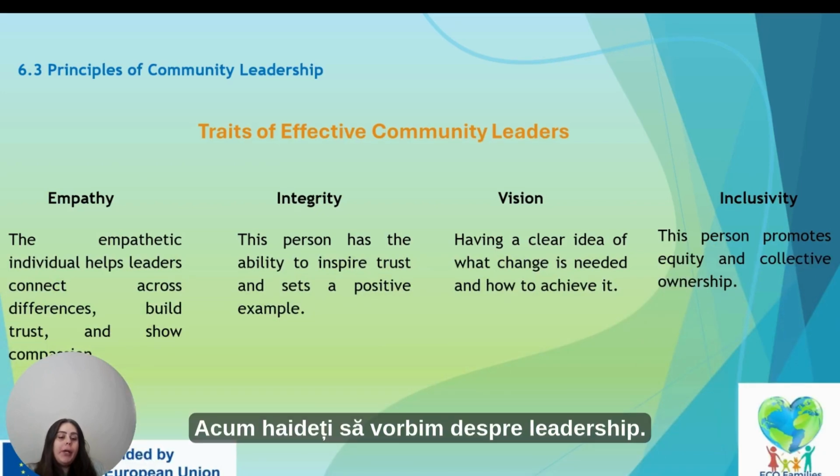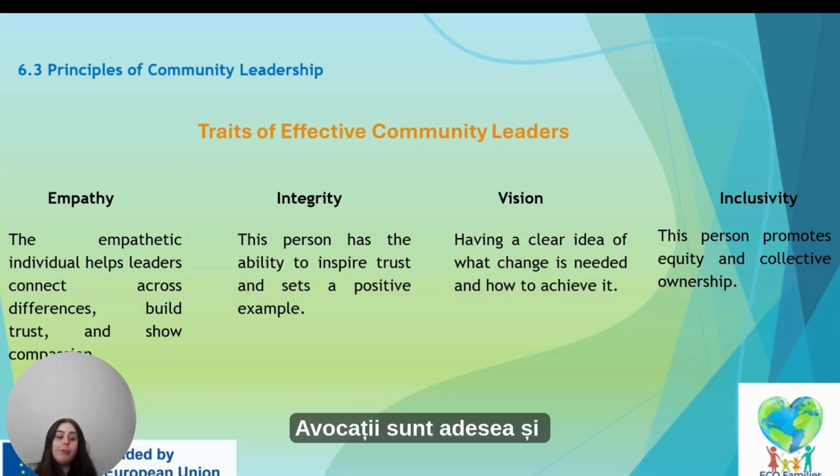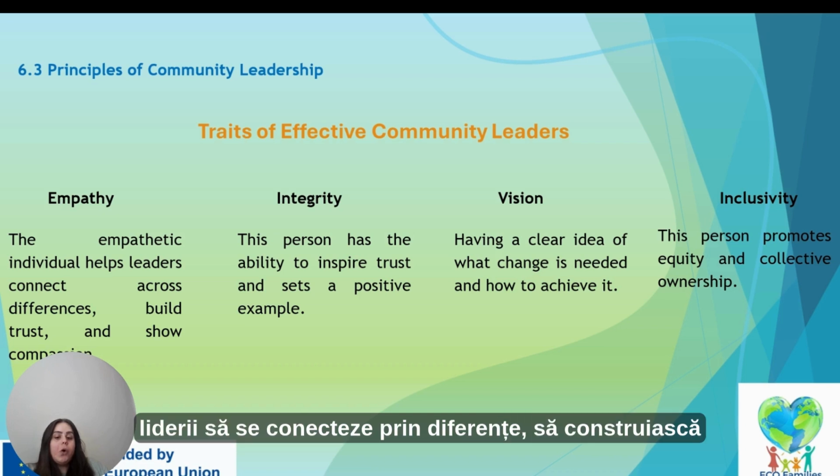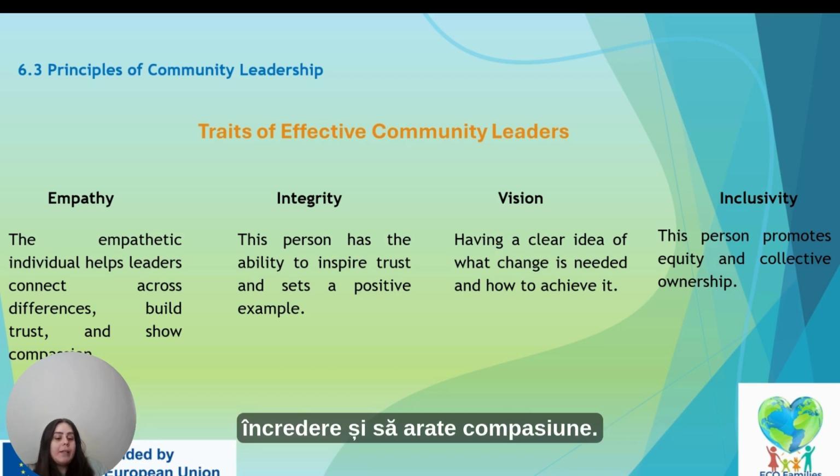Now let's talk about leadership. Advocates are often also community leaders, and good leadership is based on these core principles. Empathy. The empathetic individual helps leaders connect across differences, build trust, and show compassion.